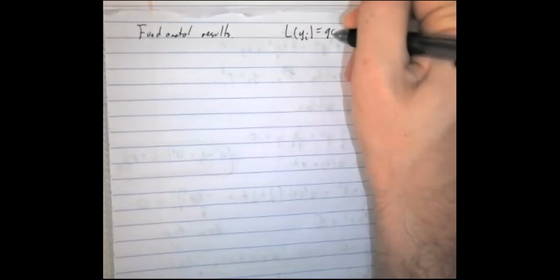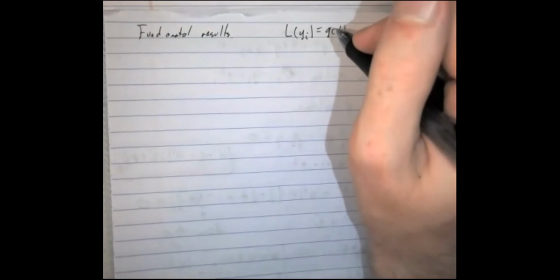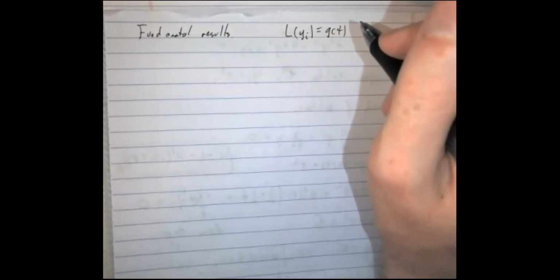Fundamental result. So what I'll write for the solution to a non-homogeneous differential equation is usually L of y equal to g of t. And this you should take to mean y double prime plus p of t y prime plus q of t y is equal to g of t.